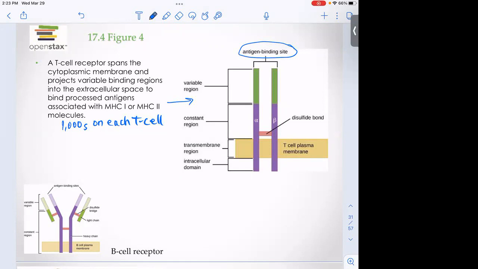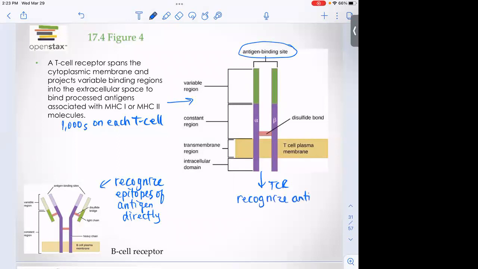The main difference here that we've alluded to already: the B cell receptors recognize epitopes of antigen directly, whereas the T cell receptors only recognize antigen that's presented to them by MHC glycoproteins.